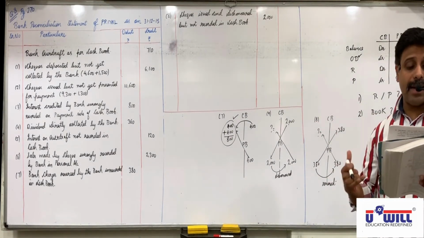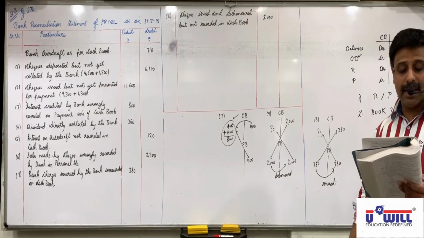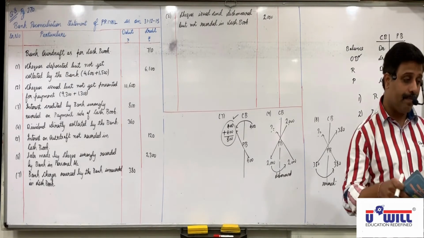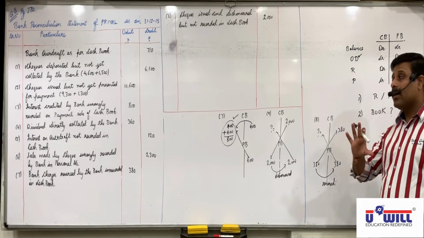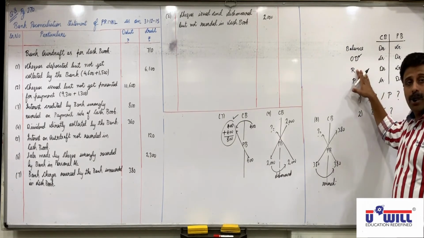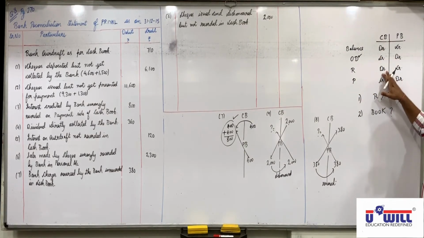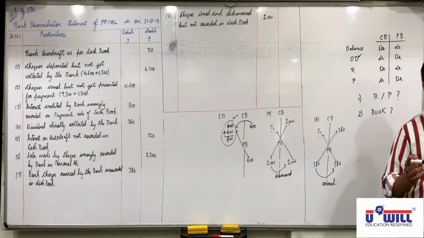Bank has collected bill of 3000 sent to the bank for collection and charged 100 for the same. This transaction is not recorded in cash book. Now tell me, collected means is it a receipt or payment? Receipt. Not recorded in cash book means debit side. Okay, but bank has collected bill of what amount? 3000 plus they have levied charges of 100.